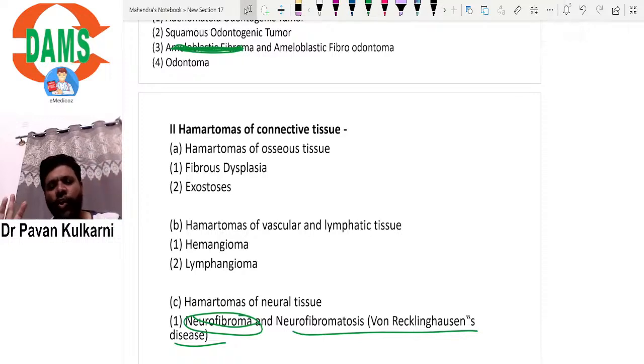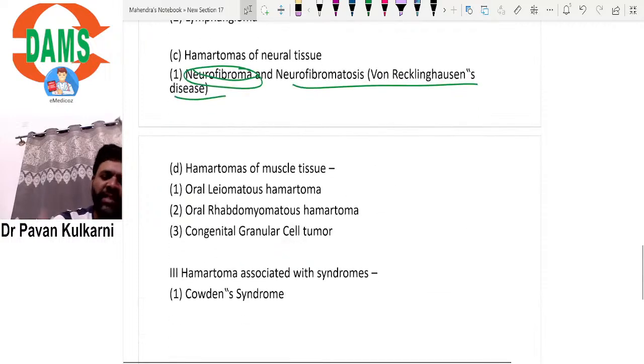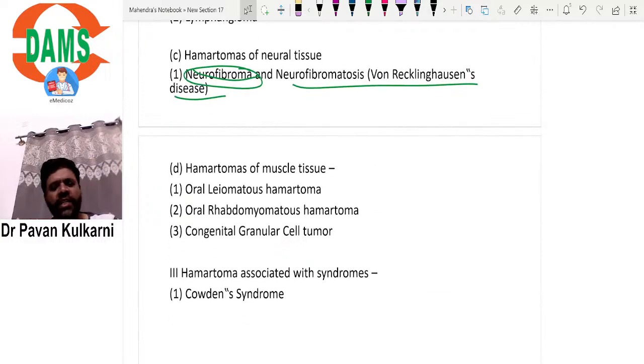So the hamartomatous tissues of the connective tissue we can classify as bone, vascular tissue, neural tissue, and then next we have the muscle tissue. Don't get confused. Leiomyoma is different. Here we have oral leiomyomatous hamartoma, the hamartoma which involves the smooth muscles in the oral cavity.